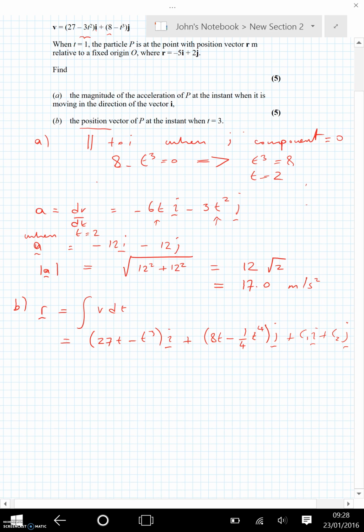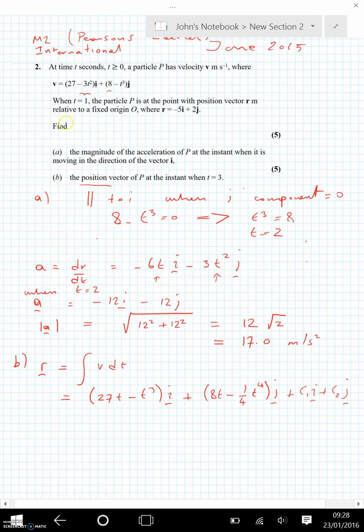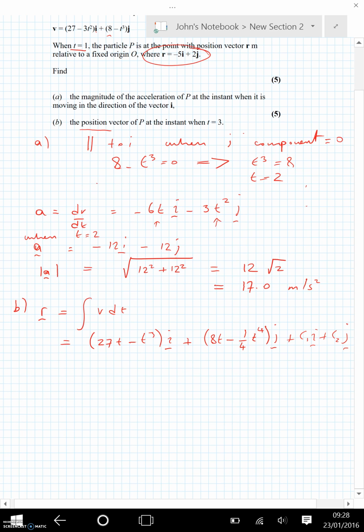Right, okay, we can work that out easily enough from what it's told us up here. When t equals 1, r equals this. So when t equals 1, r equals that, so we better write that. Do tell people what you're doing in your work and in your writing, and don't just leave us guessing. Okay, so we're saying when t equals 1, r equals minus 5i plus 2j.